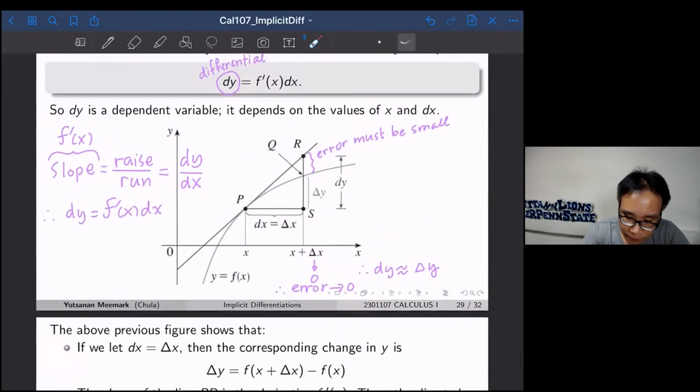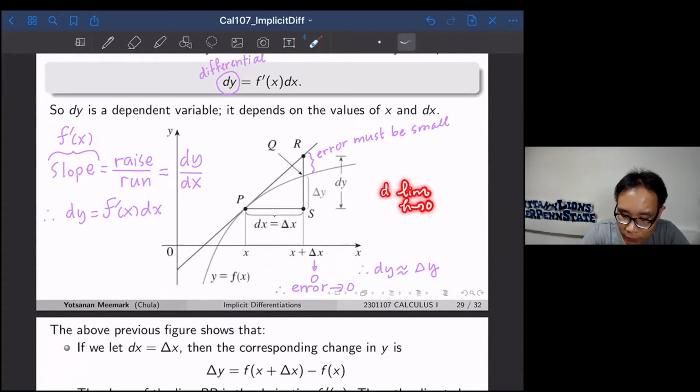Normally, when dx or delta x turns out to be small, the concept of the derivative will be using the limit as h goes to 0.